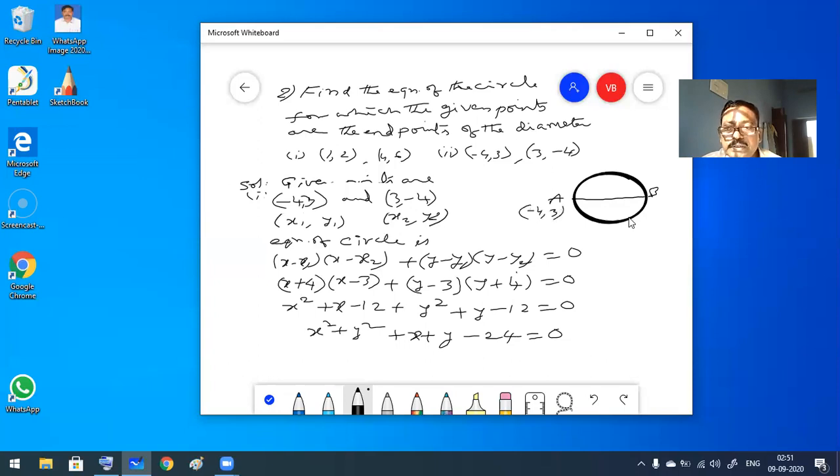So this is 3, minus 4. Okay. So the two endpoints of the diameter are given. We can find the equation of the circle like this. Okay, now we will discuss another problem.